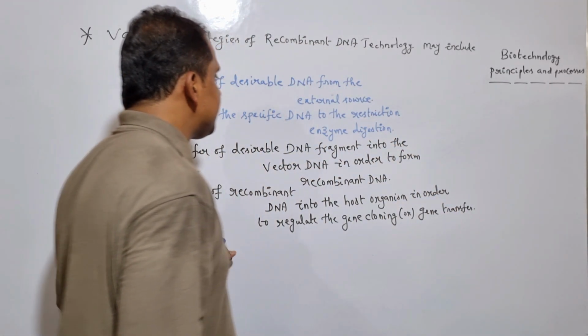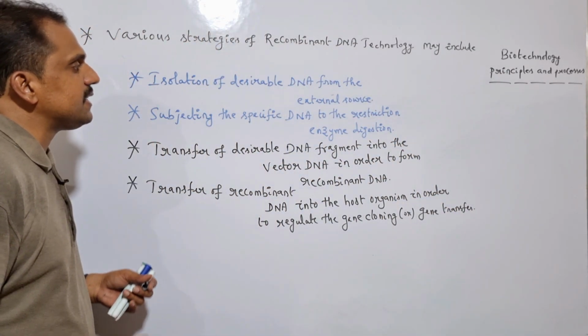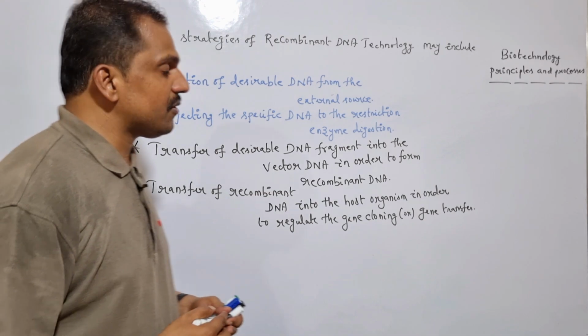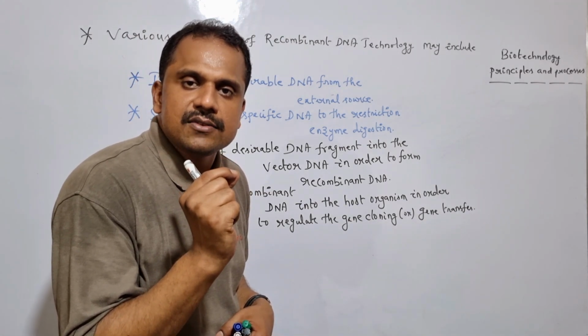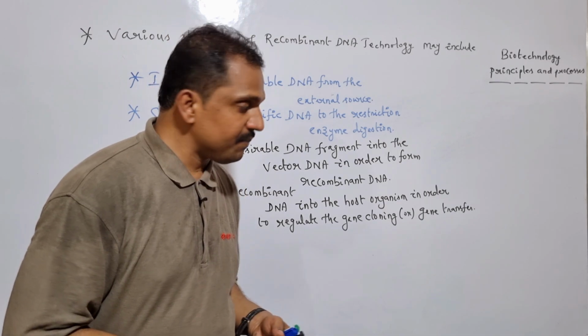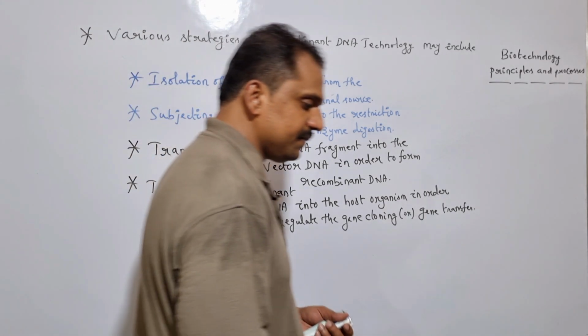So at first we will be studying regarding the isolation of the desirable DNA from the external source. So here, how the specific isolation of that desirable DNA from the external source takes place. Is it clear? So let me arrange the things here.